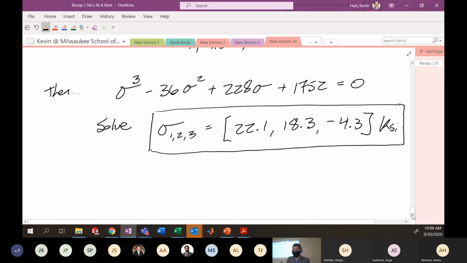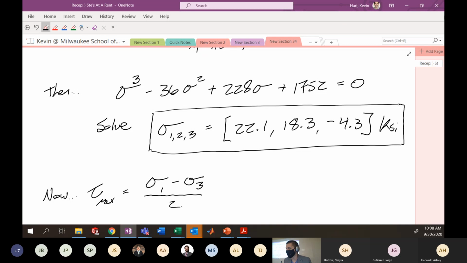All right, to cap it all off, we have to solve for the maximum shear stress. And we said that if we order our principal stresses from greatest to least, then the maximum shear stress is going to be the first minus the last principal stress divided by 2. Now, tau max, which here is sigma 1 minus sigma 3 on 2. And again, this is under the assumption that sigma 1 is the greatest and sigma 3 is the least.